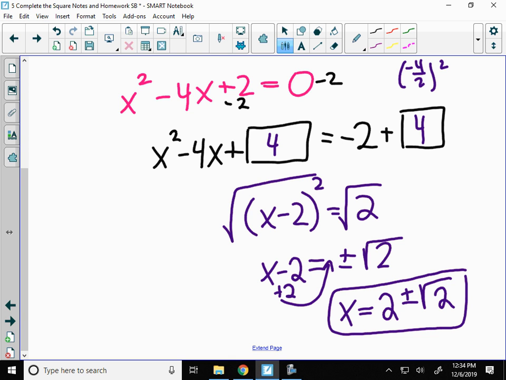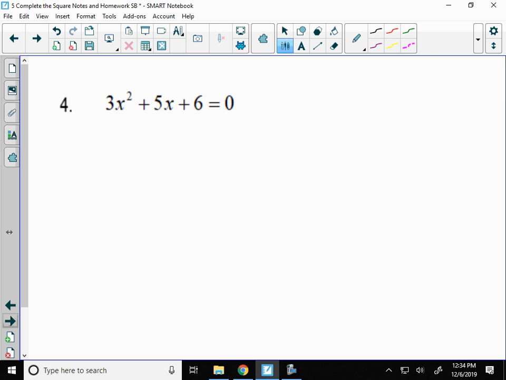Flip your page, last one. 3x squared plus 5x plus 6. Can I do quadratic formula or complete the square as it is? No, what do I have to do? Divide by 3. Okay. So I divide by 3, and I get x squared plus 5/3 x plus 2.